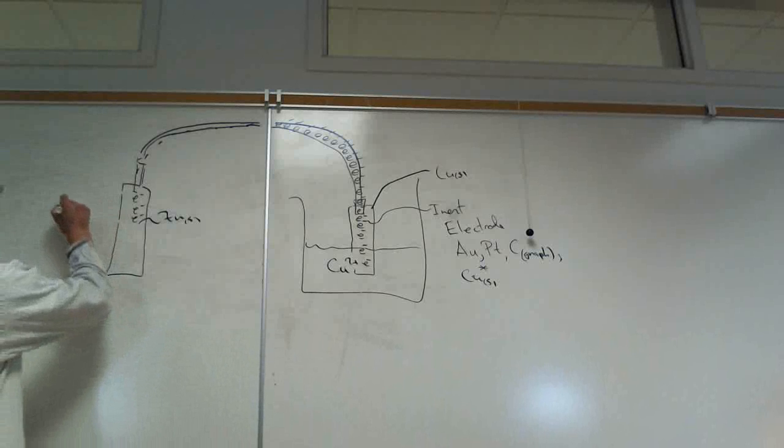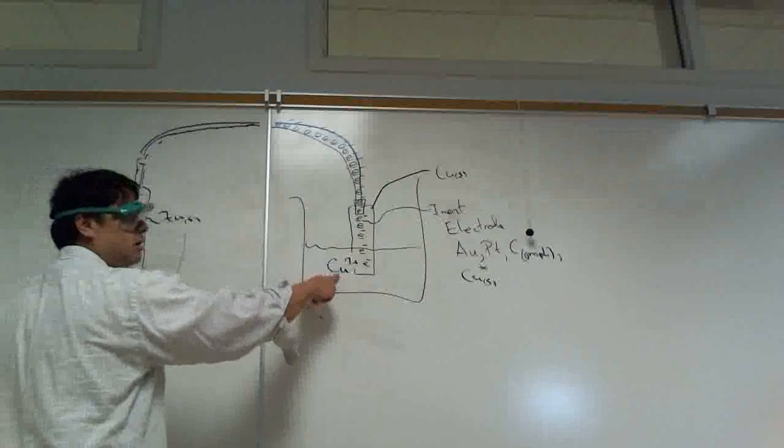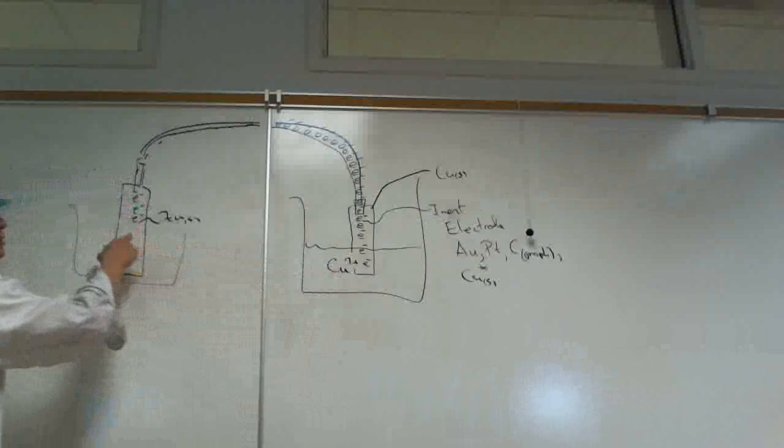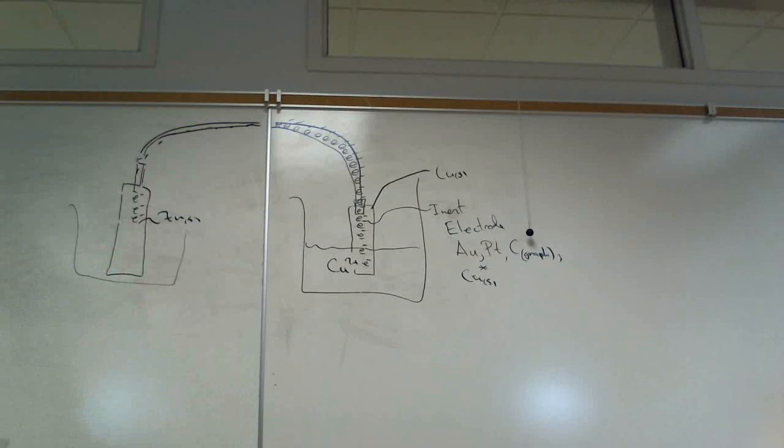Now let me ask you this. Is copper 2 a strong enough oxidizer to strip electrons off zinc? Is copper 2 a strong enough oxidizer to oxidize zinc metal? Yes, right?